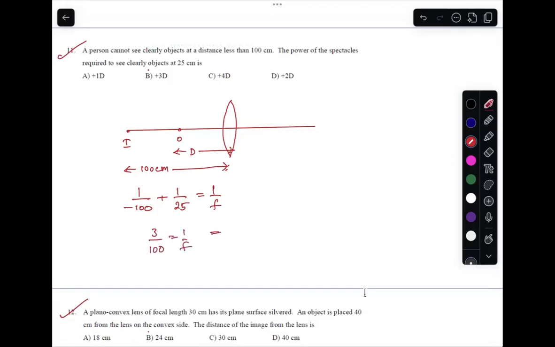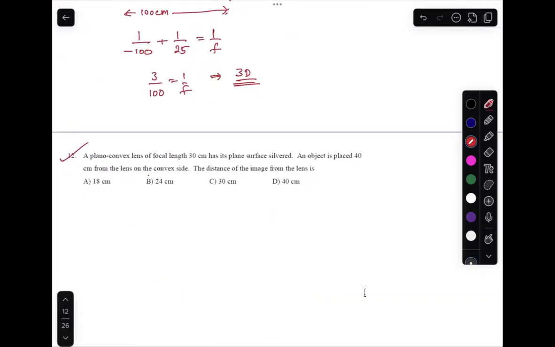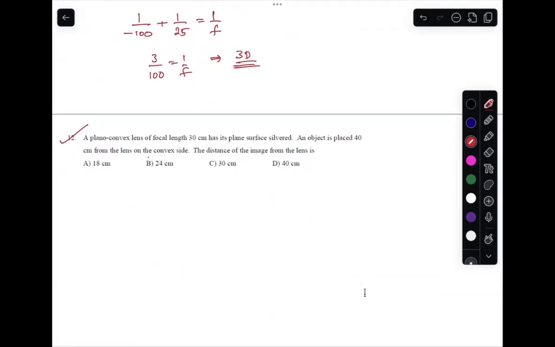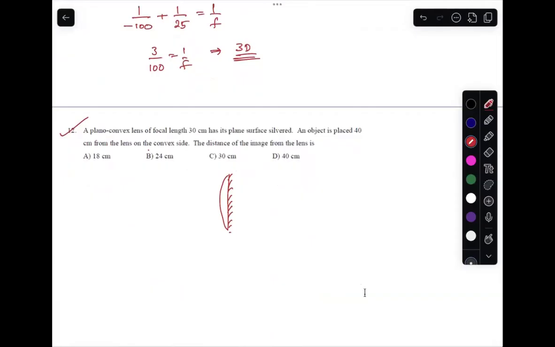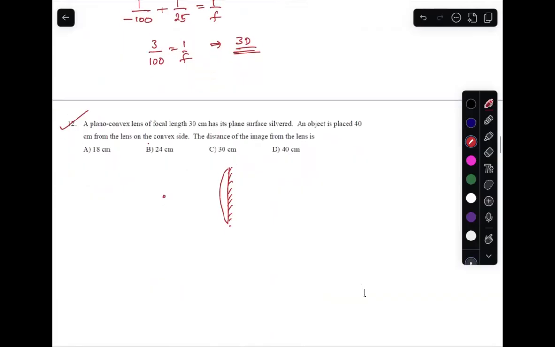In diopters, it is 3 diopters. Right. A plano convex lens of focal length 30 centimeter had its plane surface silvered. An object is placed 40 centimeter from the lens on the convex side. The distance of the image from the lens is.